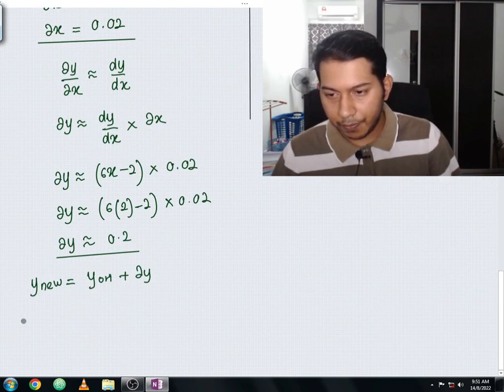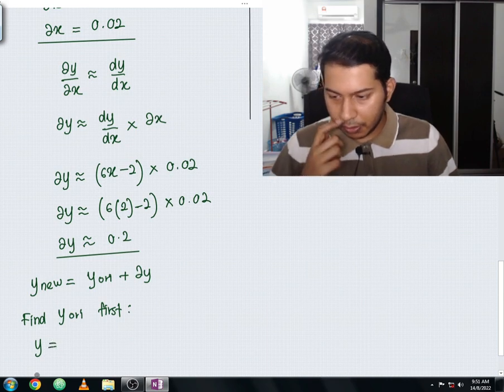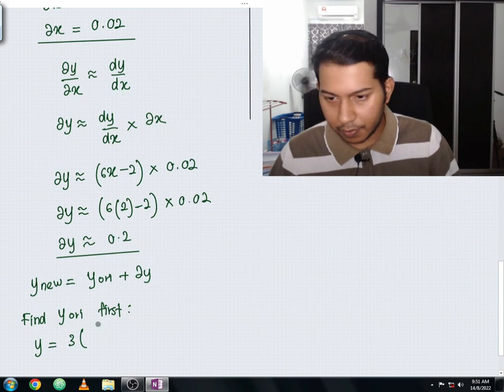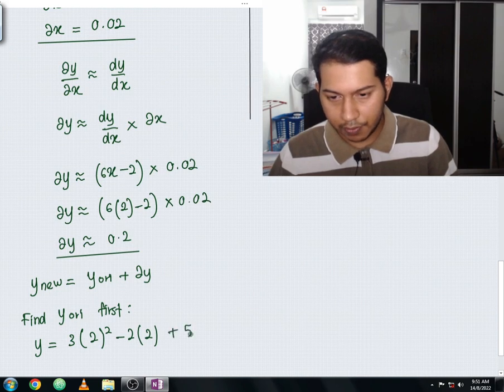So from here find y original first. So from here y is equal to 3 in a bracket. So from here you have 2 square minus 2 times 2 plus 5.